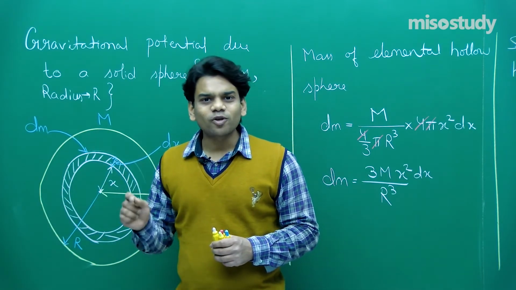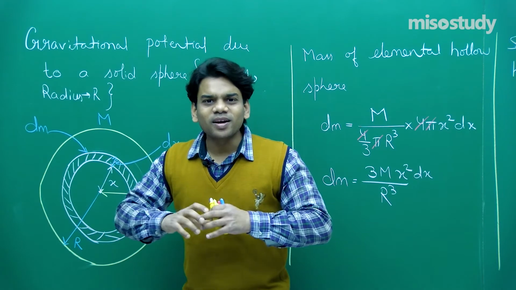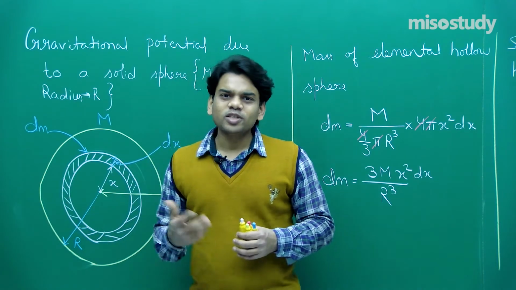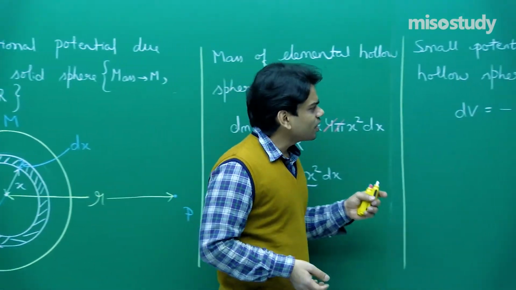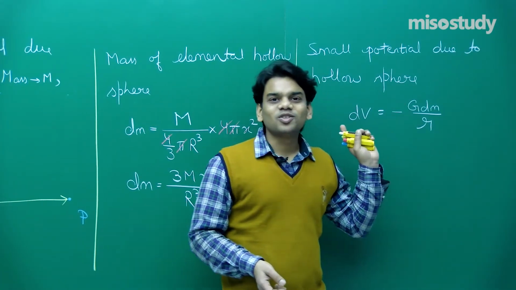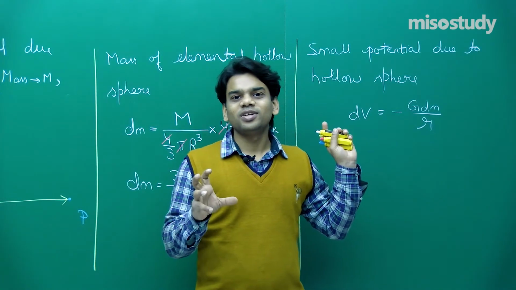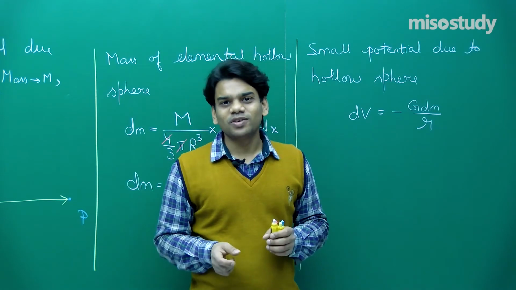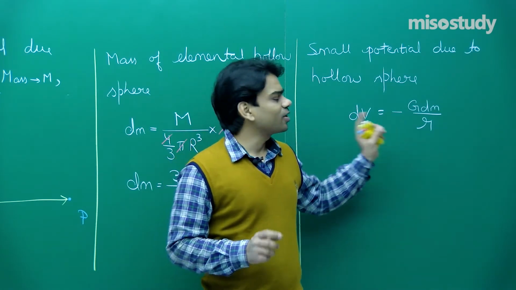So if I vary x from 0 to capital R, I will be covering the entire solid sphere. You see here, for each sphere, small r is constant. As the elemental hollow sphere varies, r will remain constant.